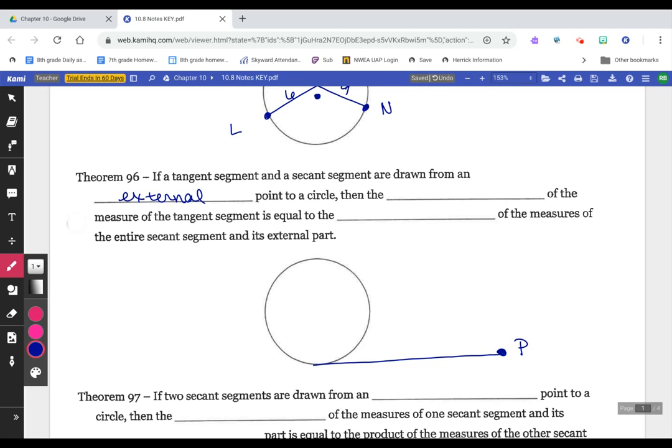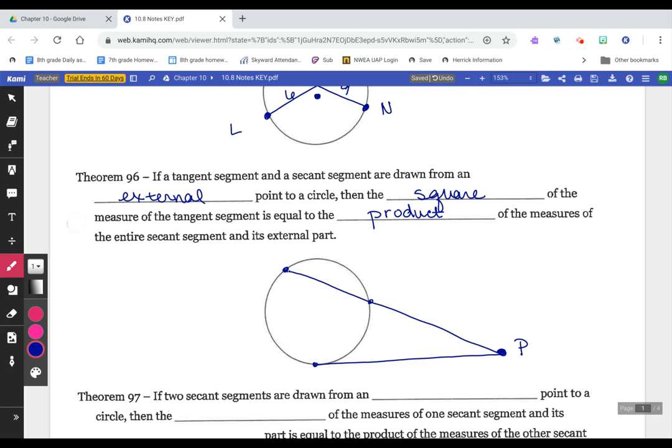Now let's draw a secant segment. If a tangent segment and a secant segment are drawn from an external point of the circle, then the square of the measure of the tangent segment is equal to the product of the measures of the entire secant segment and its external part.